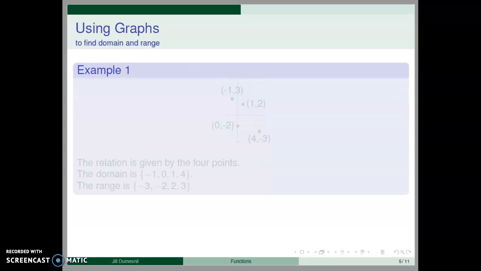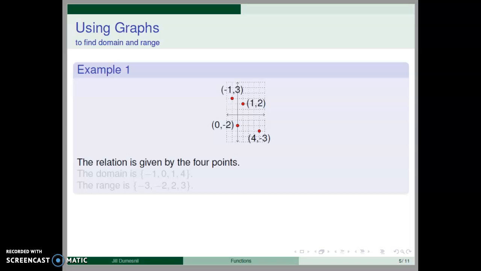Let's think about how to find the domain and range of a relation or function that is defined by a graph. For our first example, let's consider the relation given by the 4 points shown. The domain consists of the first coordinates of the ordered pairs in the relation.